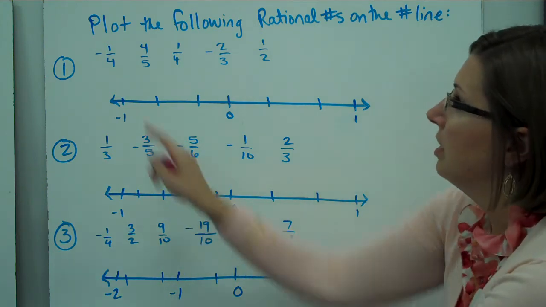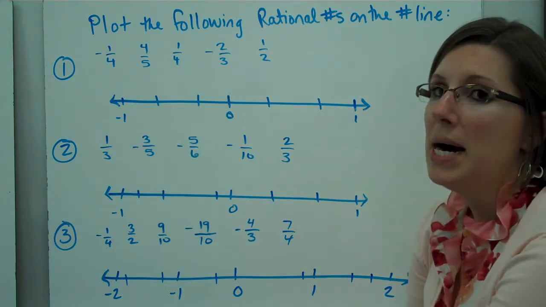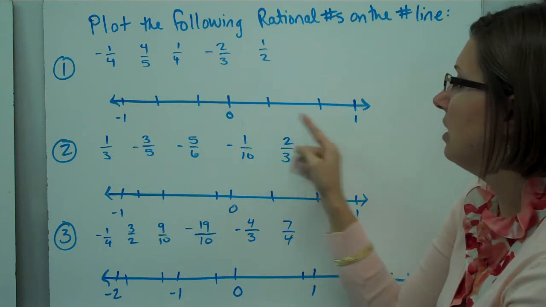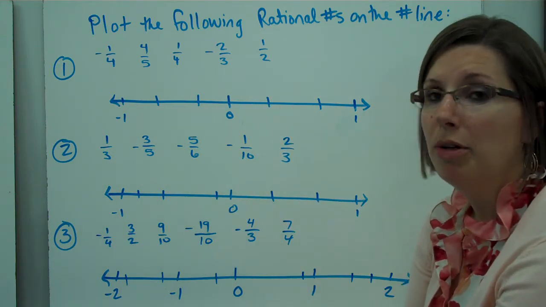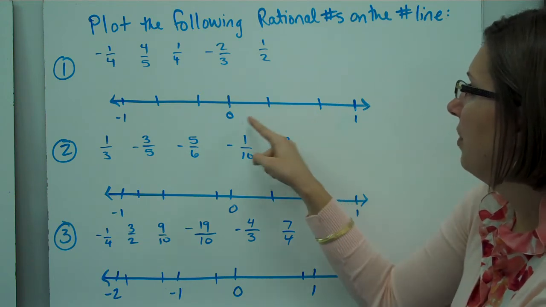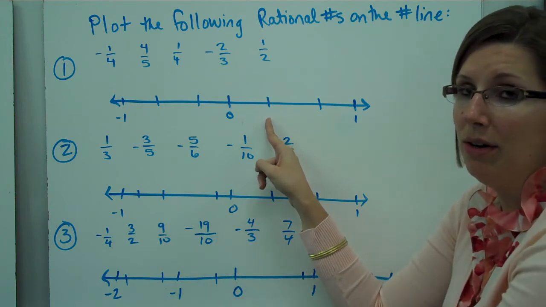I've got fractions, some negatives, some positives. I really just need to figure out where to put these on my number line. If you look, I've got some dashes placed on my number line. This would symbolize 1/3 of the way from 0 to 1.